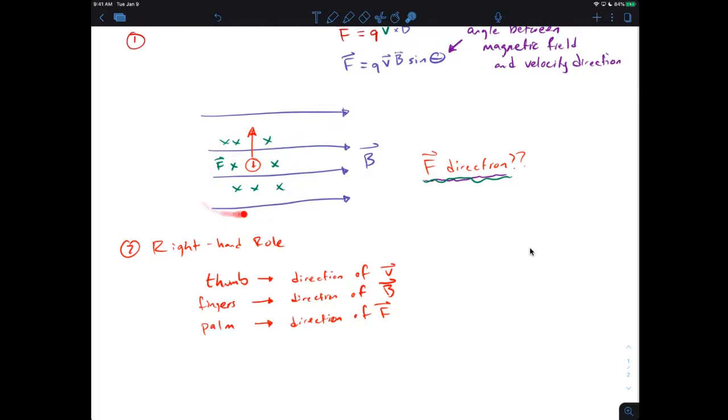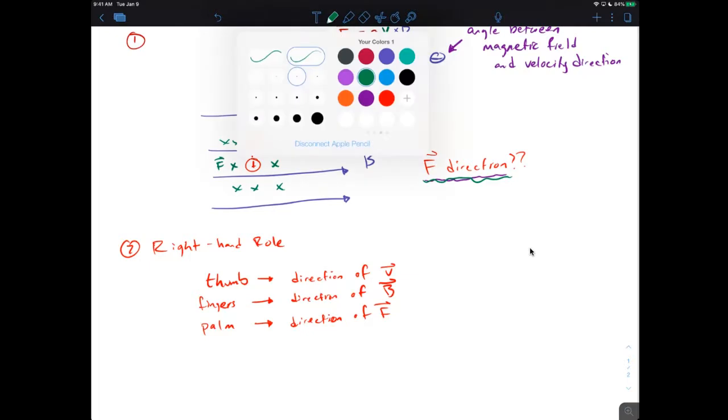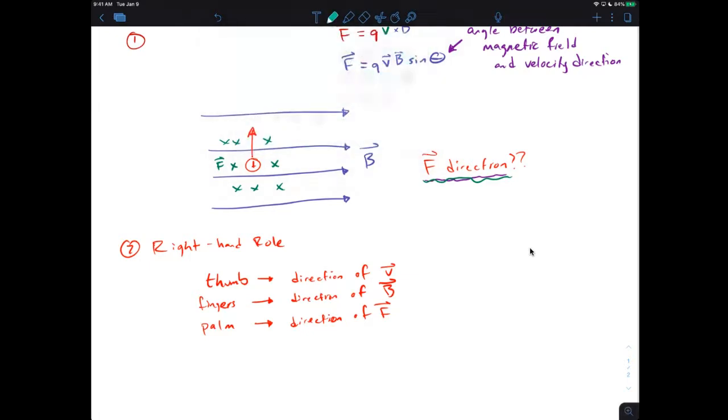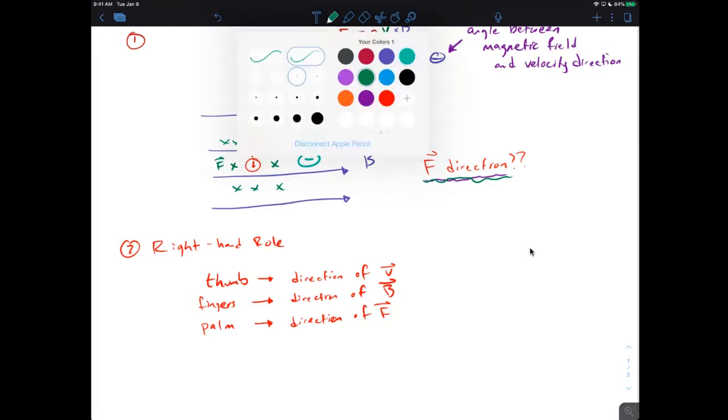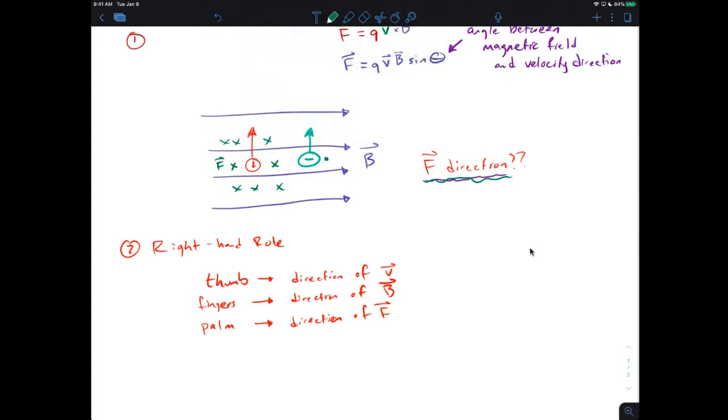So this is how we can look at the force on a charged particle. Now, just to remind you guys, because it is different, if I have a negative charge moving in the same direction, okay, this experiences the opposite force, right? In this case here, my force is out of the page. So I'm going to use these little dots to mean it's coming out.